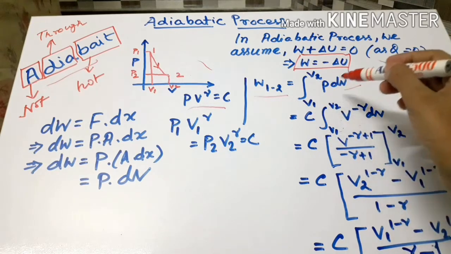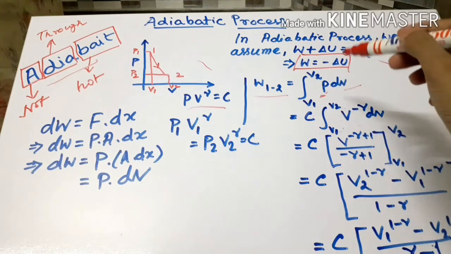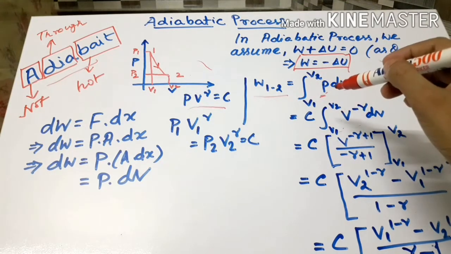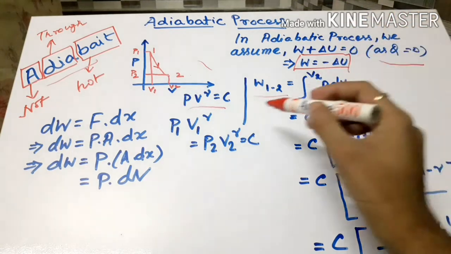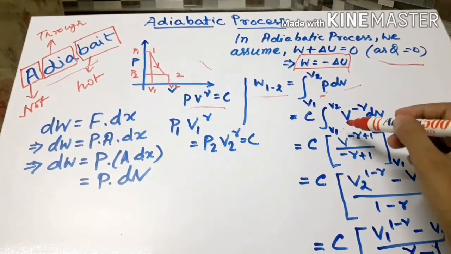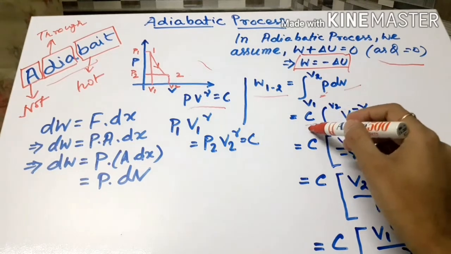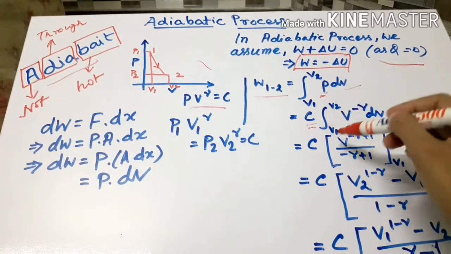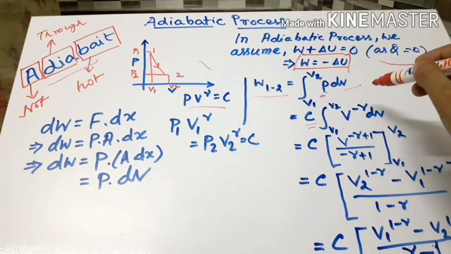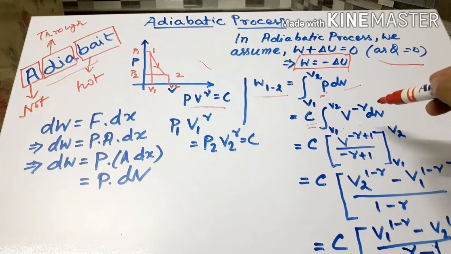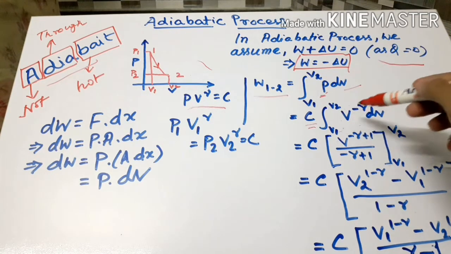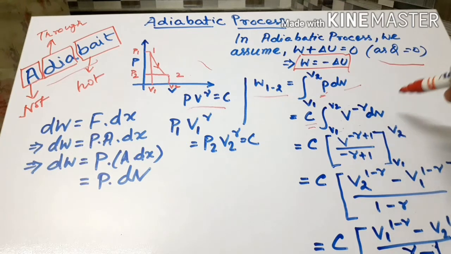In place of P we substitute C by V to the power gamma, because from this equation P is equal to C by V to the power gamma. As C is constant, we take it outside the integration, and then the integral from V1 to V2 of V to the power minus gamma dV, as it was 1 by V to the power gamma.